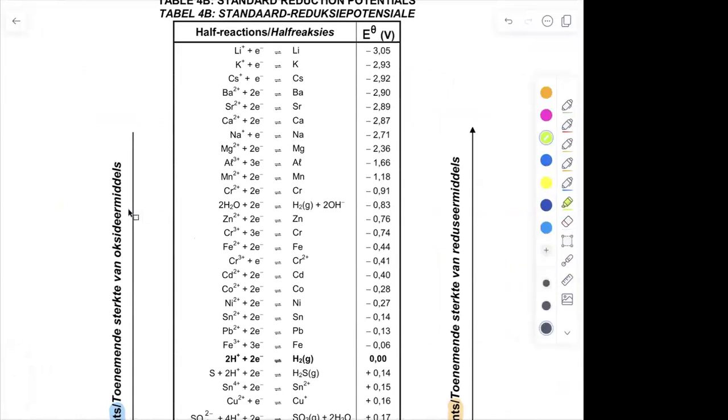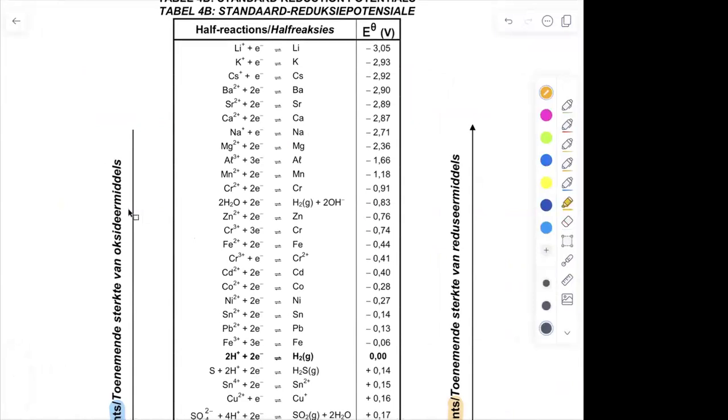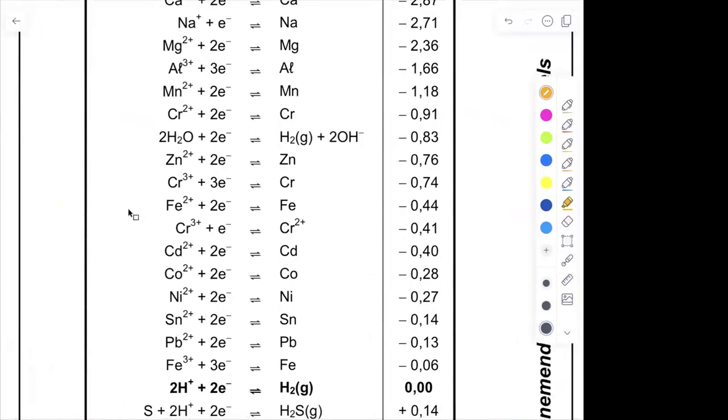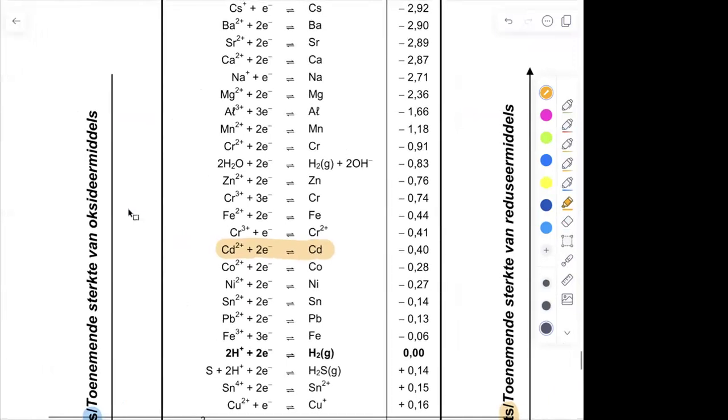I'm going to highlight that so we've got it noted. There's Cd2+ to Cd. And then we said not Mn2+ to Mn, right? Okay. So which one is going to reduce Cd2+ to Cd, but not Mn2+ to Mn?